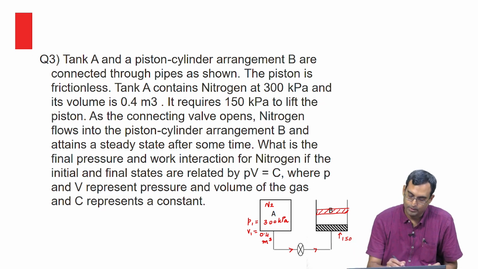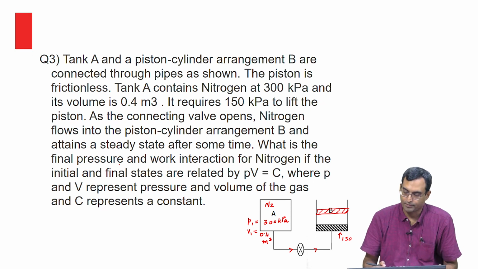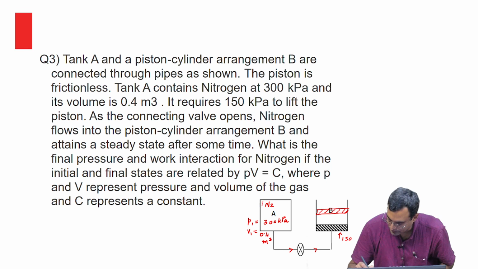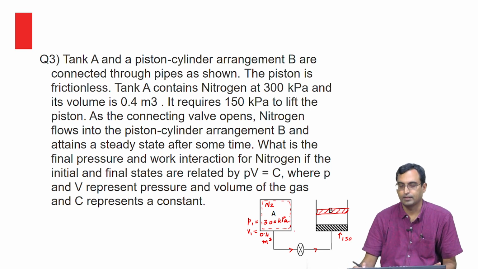We are asked to find out the final pressure and work interaction for nitrogen if the initial and final states are related by PV^n = C, where P and V represent the pressure and volume and C represents a constant. So, we are going to look at this mass of nitrogen. This is initially our system.